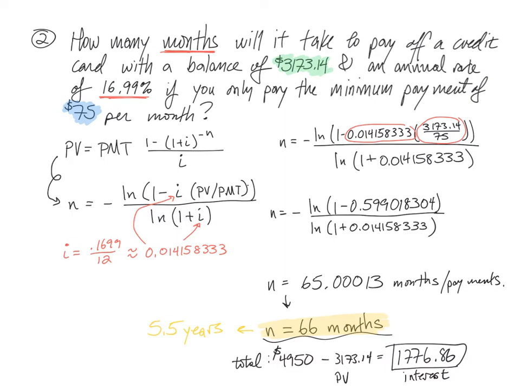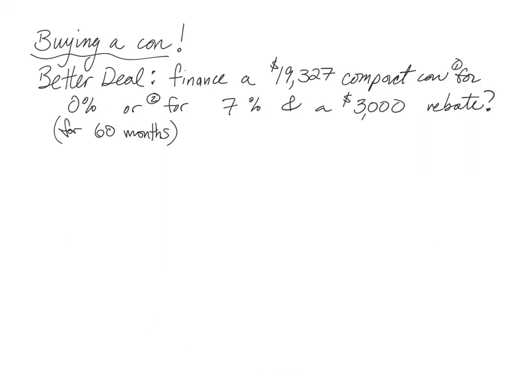Okay, let's take a look at another example. In this example, I will be going over different scenarios for buying a car. So we're basically just trying to figure out a better deal. Which one is better? Do you finance a car for $19,327 for 0% interest for 60 months?